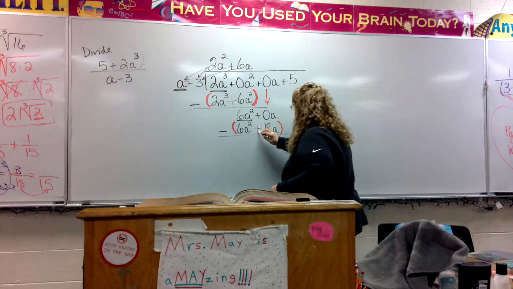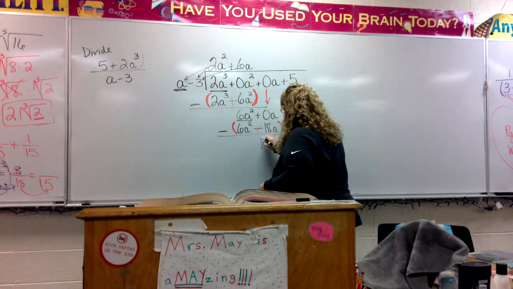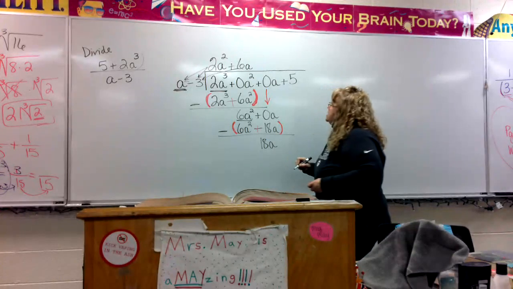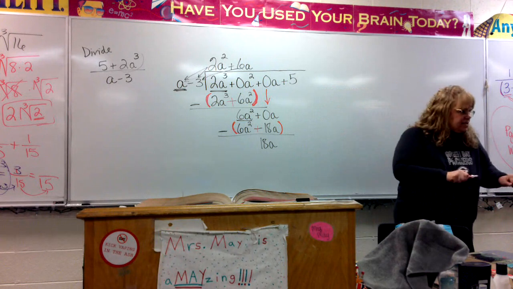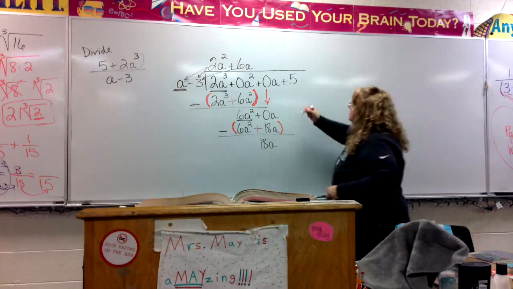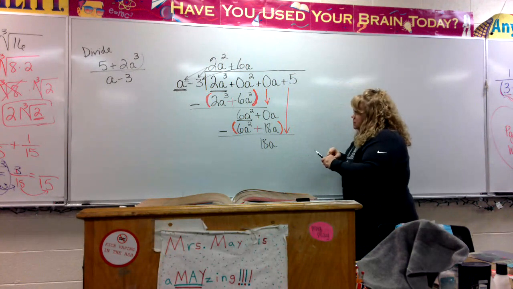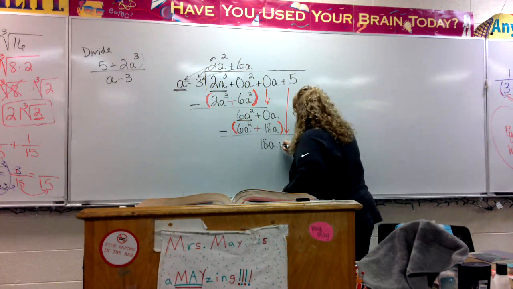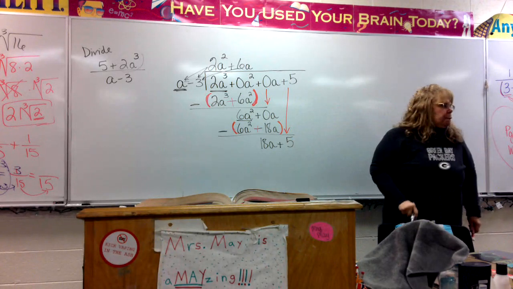Adding it. So it's going to be like we're adding this. And what will that be then? 18a. Positive 18a. Finally, bring down this 5. And we'll start the whole thing all over again.